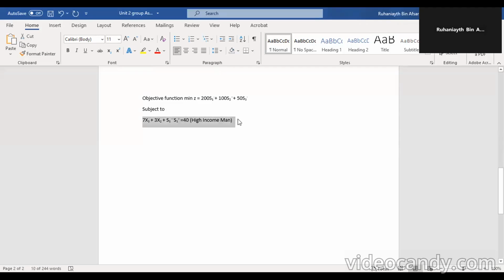Let's copy this one and write the second constraint and the third constraint. It is 10 x1 plus 5 x2, which is equal to 60 for the second. The third is 5 x1 plus 4 x2, which is equal to 35.